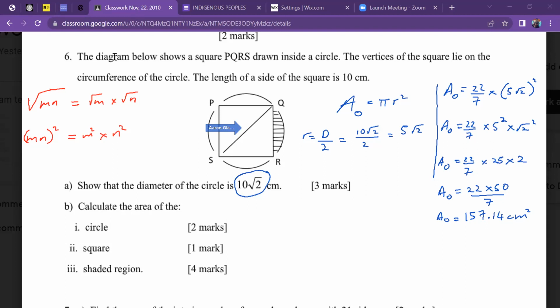Okay, sir. What was the hypotenuse? The length of the hypotenuse is equal to 10 root 2, or the square root of 200.